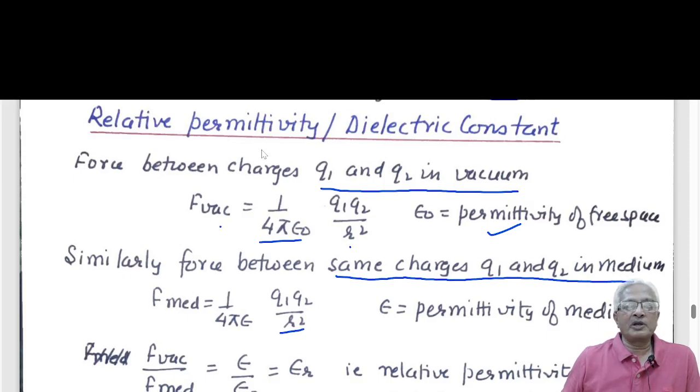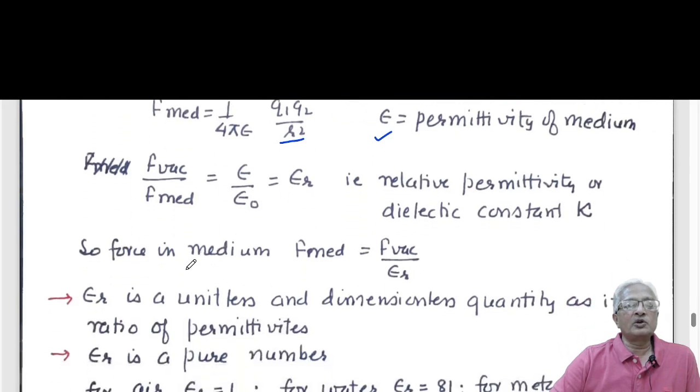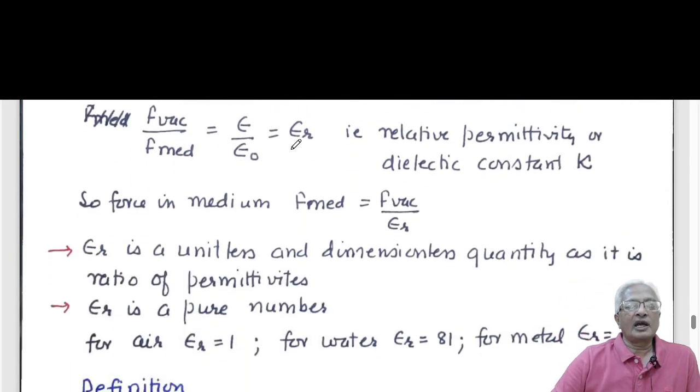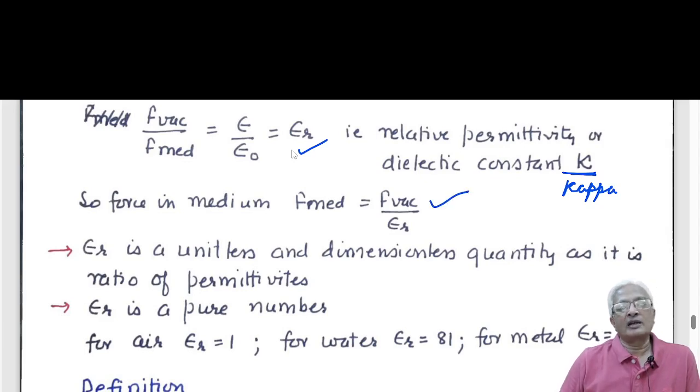Epsilon is called the permittivity of a medium. The ratio of force in vacuum to force in medium would be equal to epsilon upon epsilon naught, and this ratio is called relative permittivity or dielectric constant, normally represented by the letter K, pronounced as kappa.